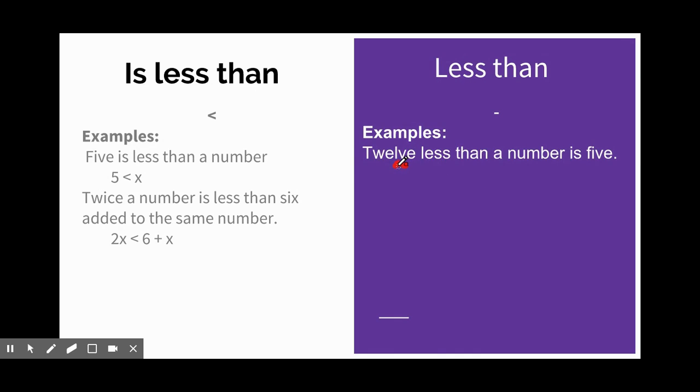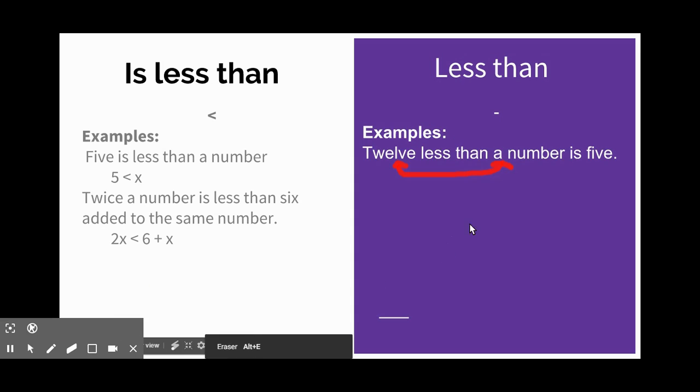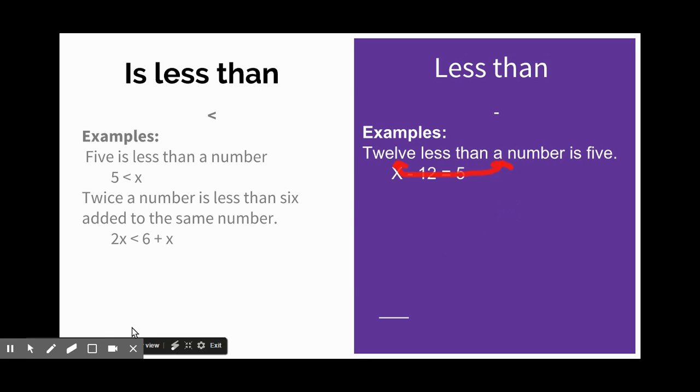You want to flip-flop these. So instead of doing 12 minus x, you're going to do x minus 12. And then "is 5" is the same as equals 5. So x minus 12 equals 5. That's the way of writing this. 12 less than a number. Flip-flop it. Here's our number, less 12.